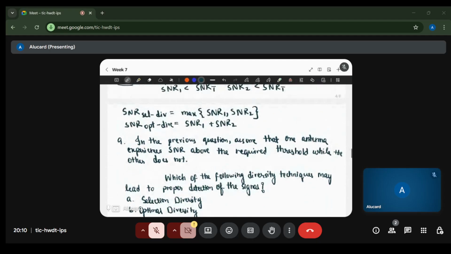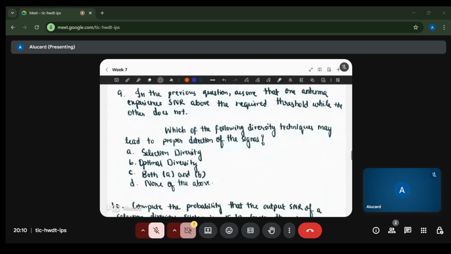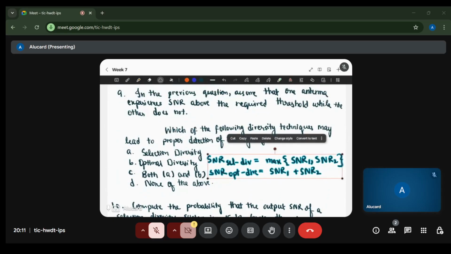So you will use the same fact again: the SNR of selection diversity is max of SNR1, SNR2, and the SNR of optimal diversity is SNR1 plus SNR2.